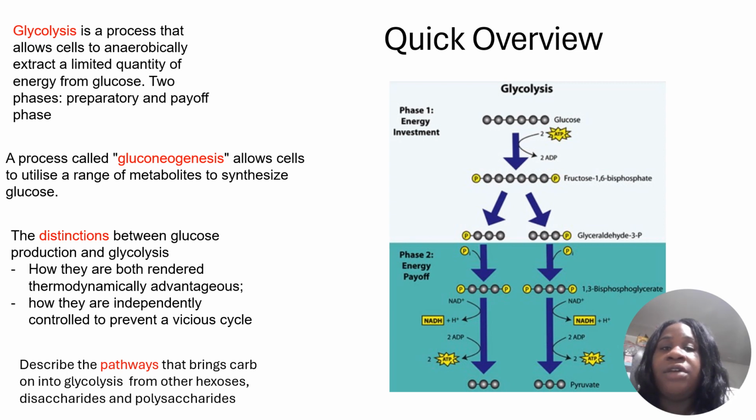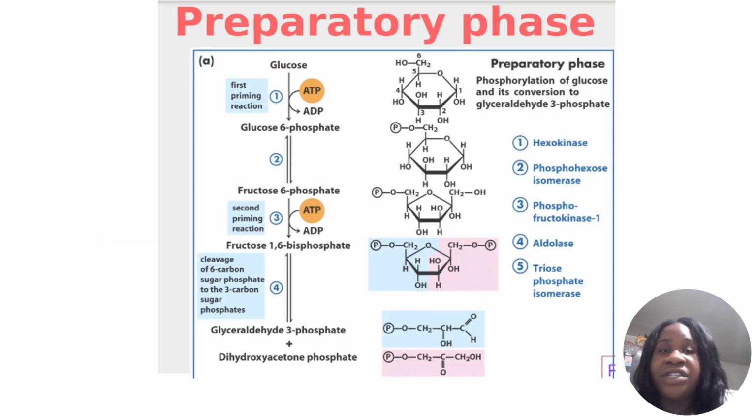It is essentially the reverse of glycolysis, with a few key differences to bypass the irreversible steps in glycolysis. The enzymes that catalyze these bypass reactions are pyruvate carboxylase and phosphoenolpyruvate carboxykinase. Here is just a visual of the preparatory phase that includes those first 5 steps.